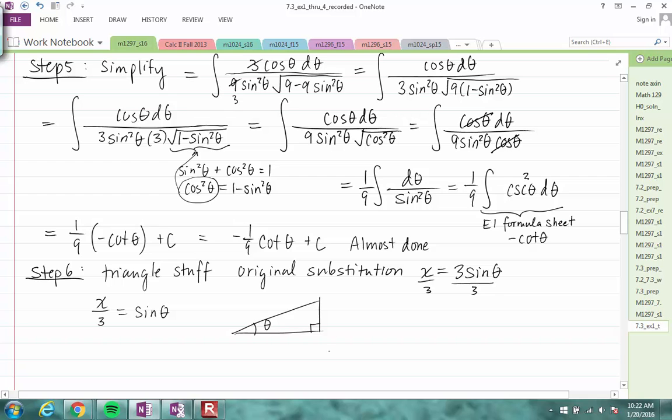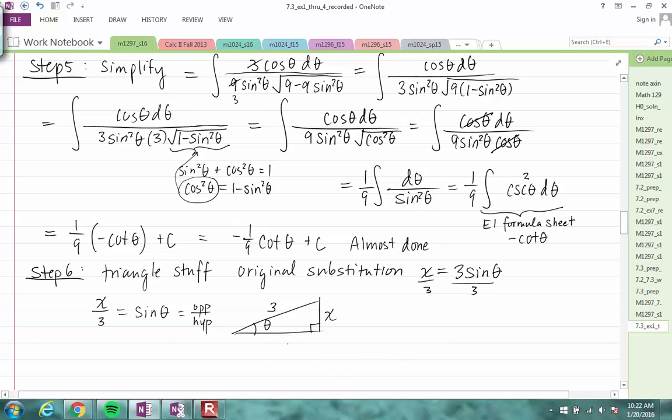I always use this one here, but there's other options. And so x over 3 is what we're going to label on this right triangle. Sine of theta is opposite over hypotenuse. So that means that our opposite edge in this right triangle is going to be x, and the hypotenuse is going to be 3.